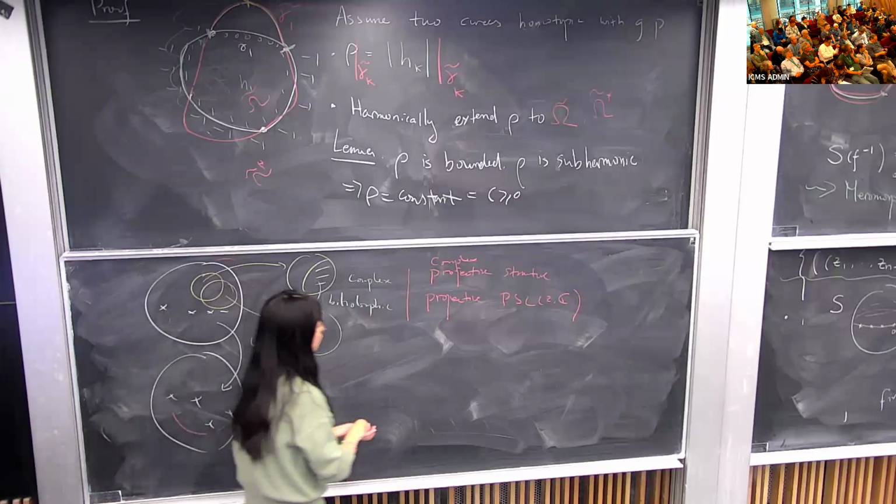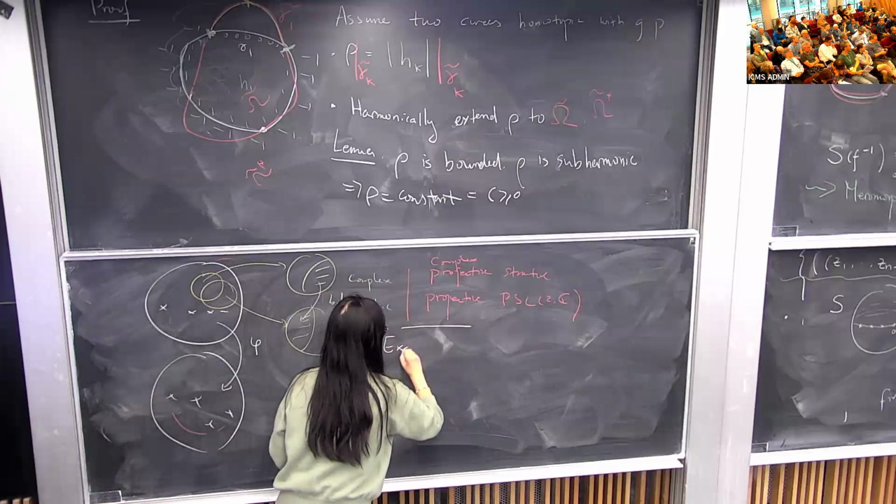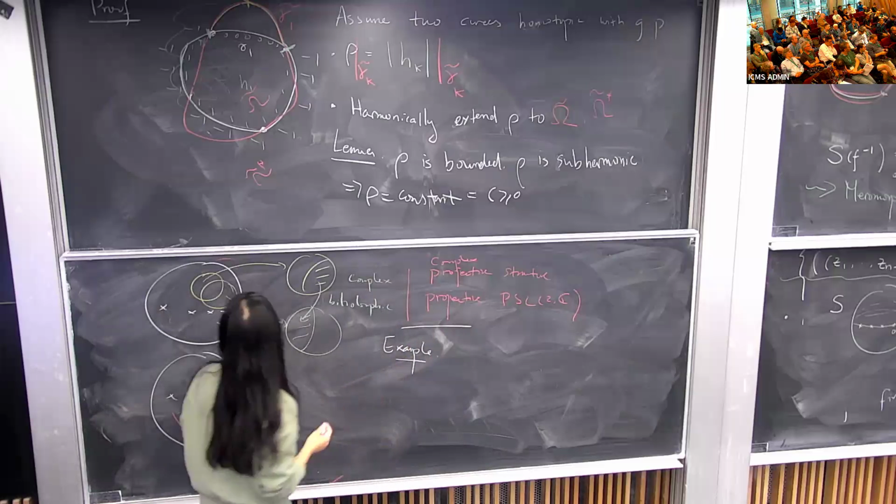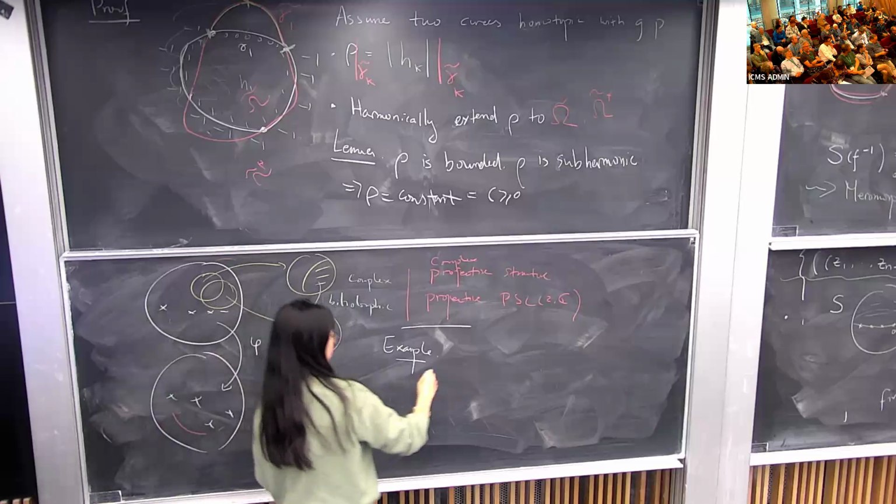For example, on the punctured sphere there is a trivial projective structure.